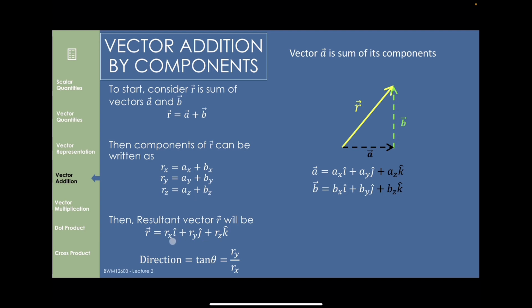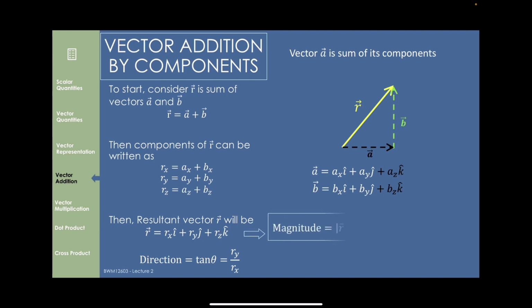Again, its direction can be found using the formula tangent theta that you saw in previous slides, tangent theta is equal to the perpendicular component ry over rx. Okay, now how can we find its magnitude?